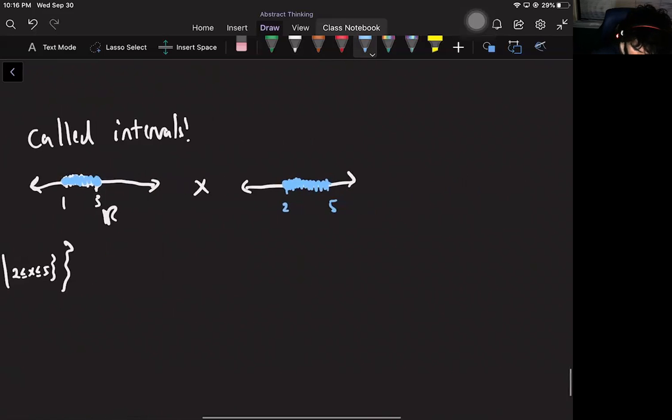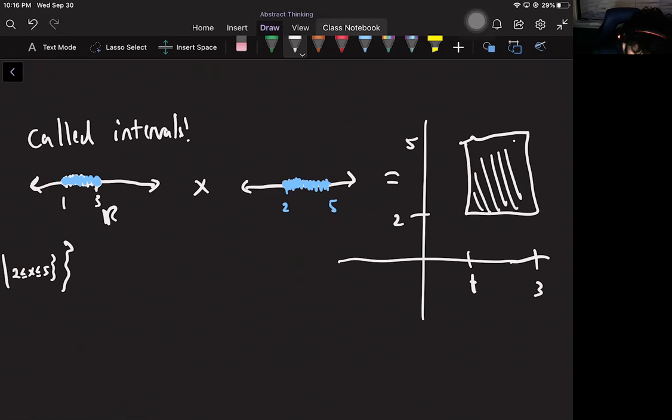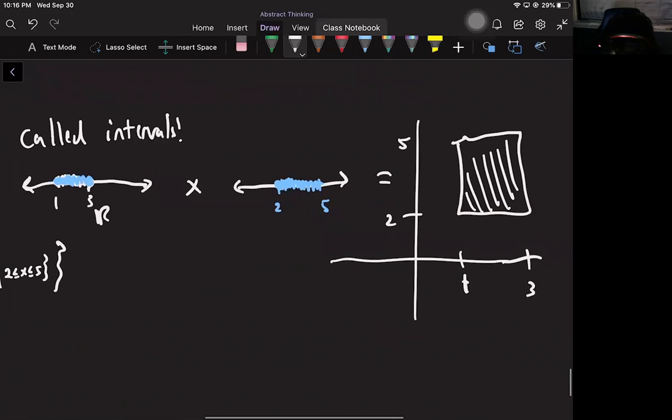Then I create a rectangle on the XY plane where the X coordinates, because that one came first, goes from 1 to 3, and the Y coordinates go from 2 to 5, because that one came second.